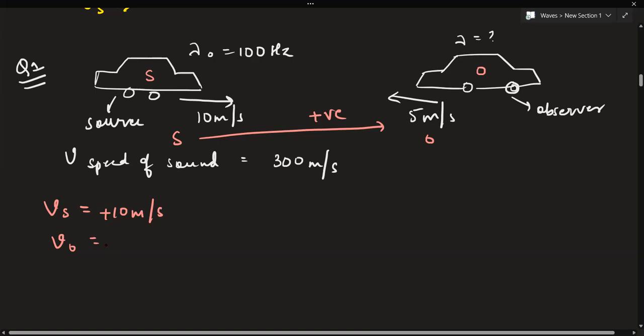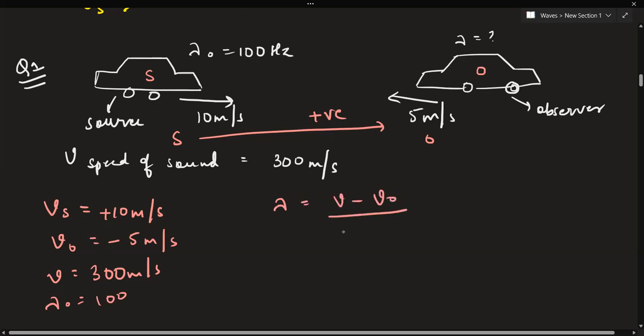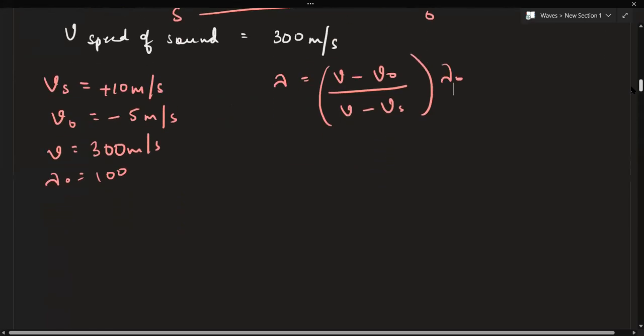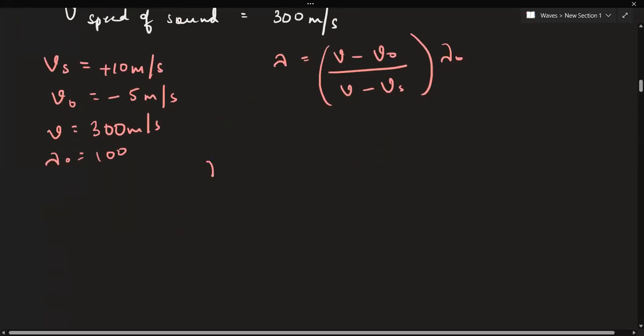Minus 5 meters per second. And the speed of sound is taken positive only. The true frequency is given and we have to find the apparent frequency. So we have the relation (V minus Vo) by (V minus Vs) multiplied by the frequency. So we just have to substitute all the values.